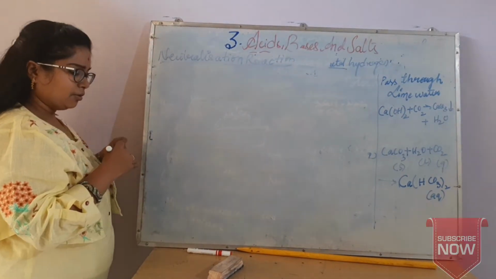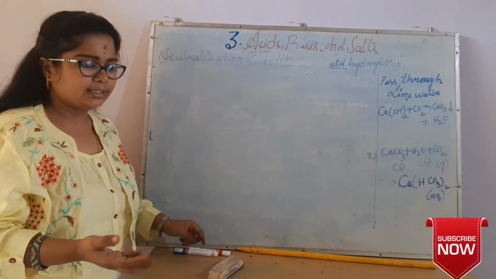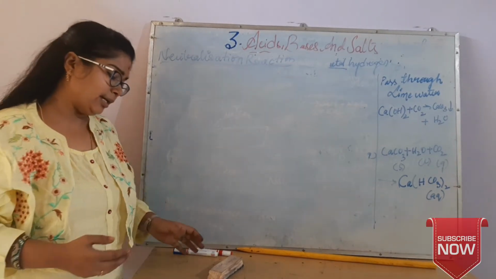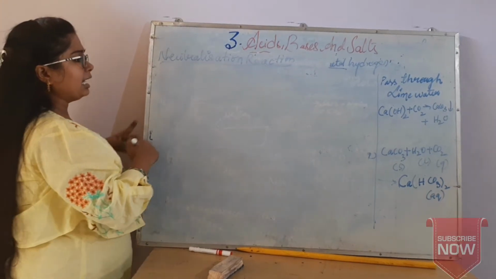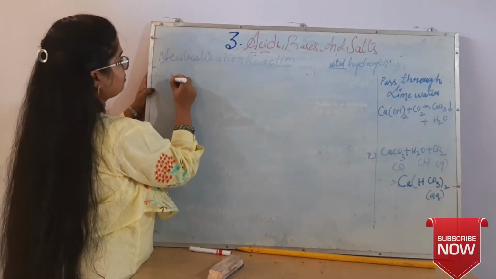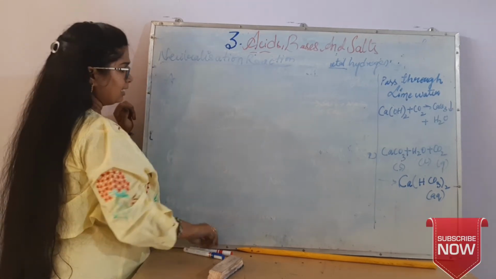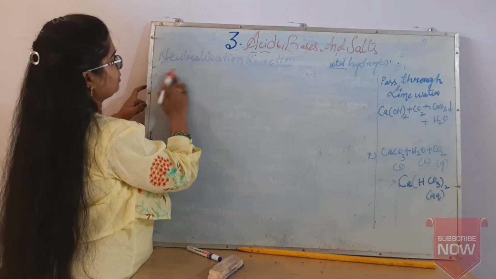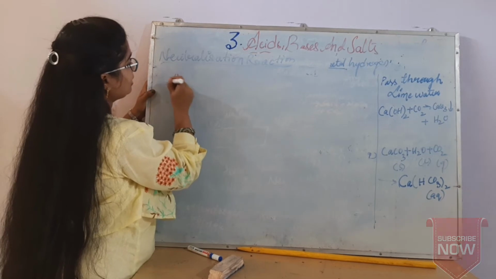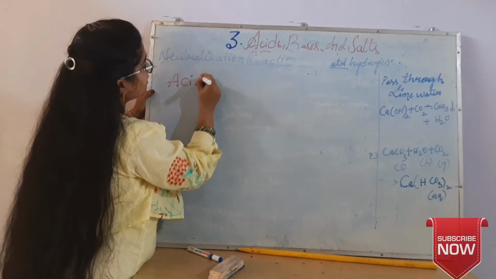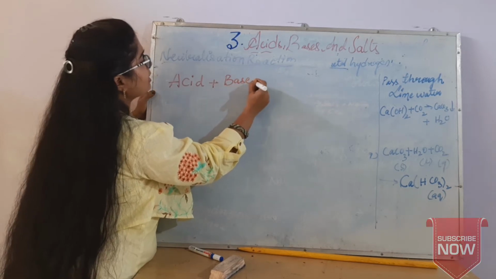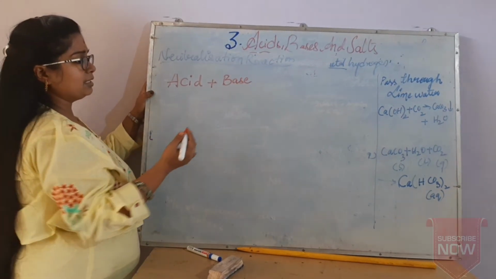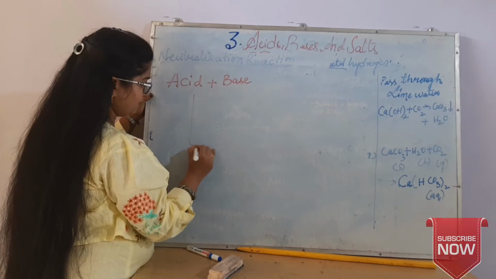Neutralization reaction. You saw with acids where litmus turns red to blue, blue to red, okay, everything is fine. Then what happens if an acid is added to a base? Take one test tube.